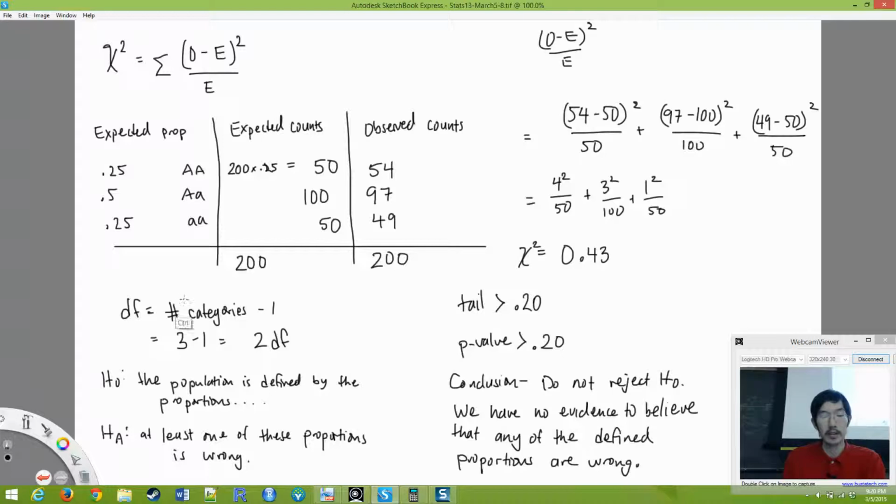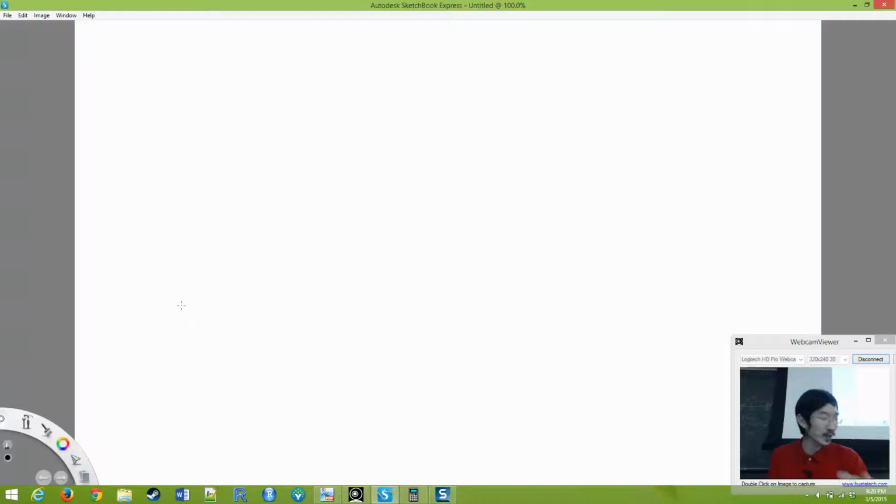Okay. Is that okay? So we're going to do an example here, and this is one of my favorite examples just because I find it so fascinating. And this is going to be an example with a directional alternative.